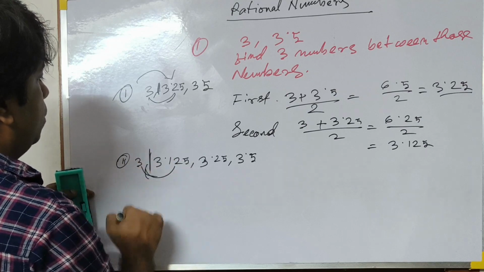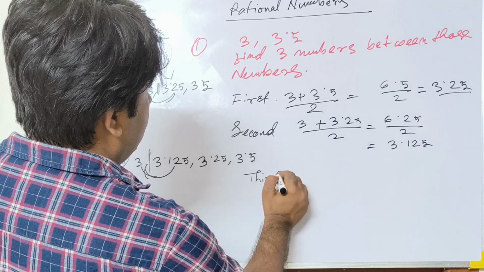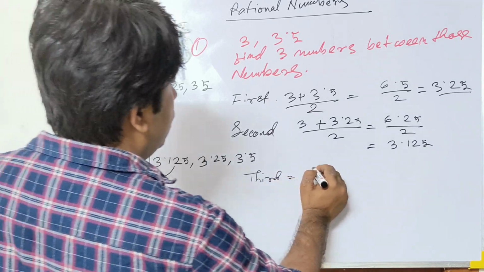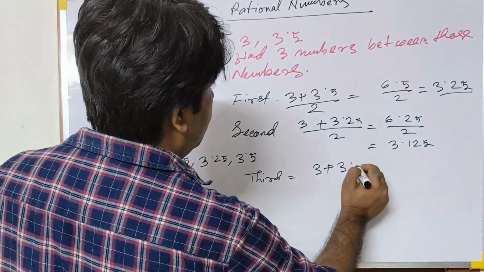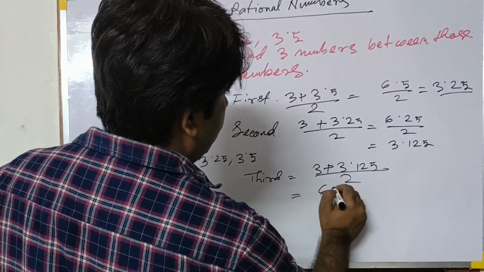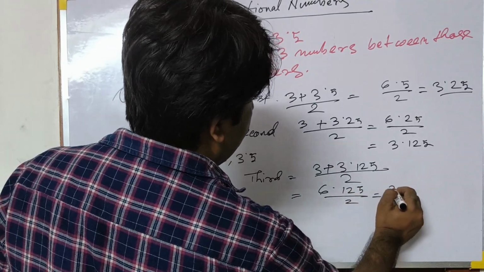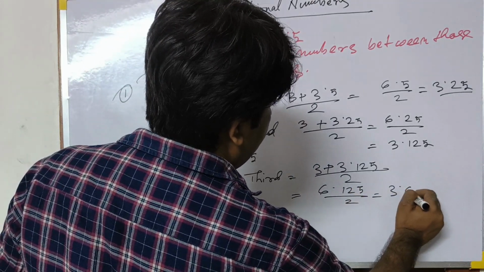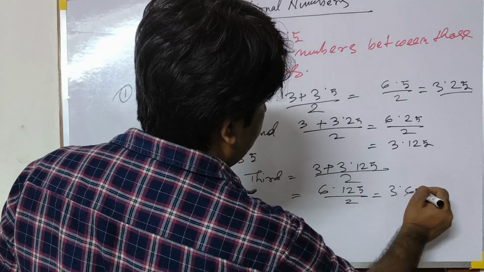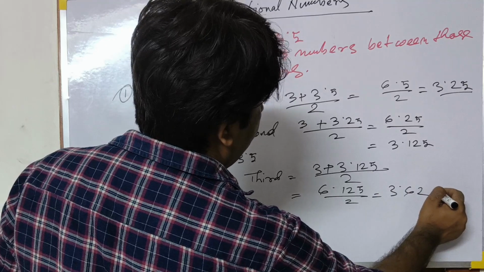The third one will be 3 plus 3.125 divided by 2. So now 6.125 divided by 2. So what will be the result? 3.0625.